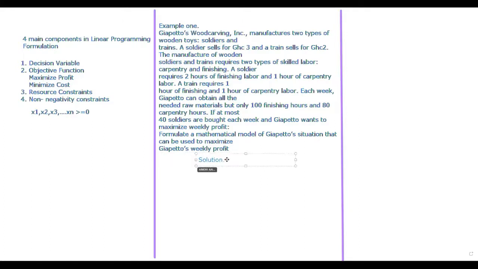Okay, so thank you, Tina. First of all, how many decision variables are in this question? They are saying that Gyapeto's Wooden Carving Incorporation manufactures 2 types of wooden toys. So how many decision variables? 2, okay.